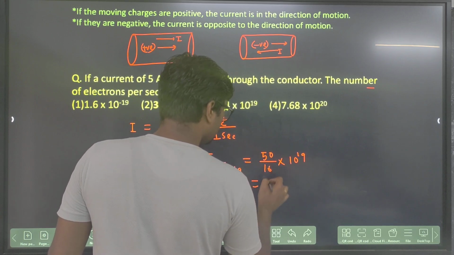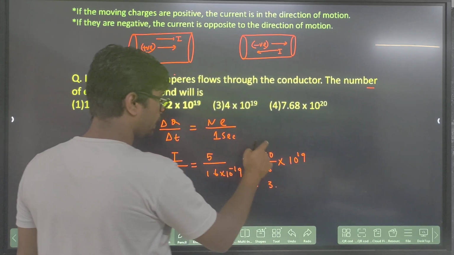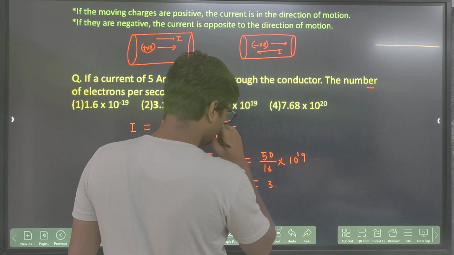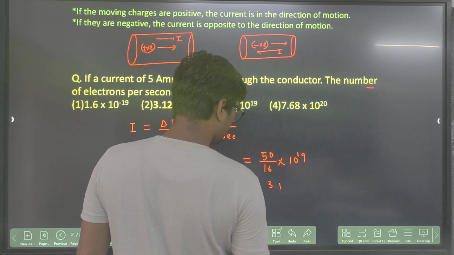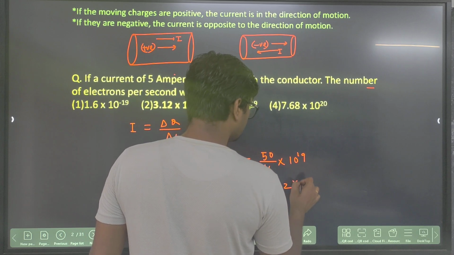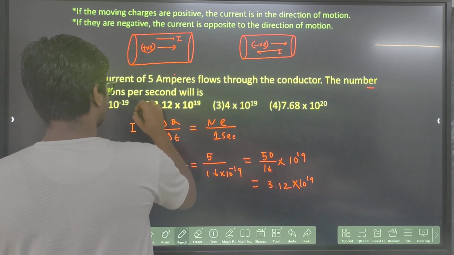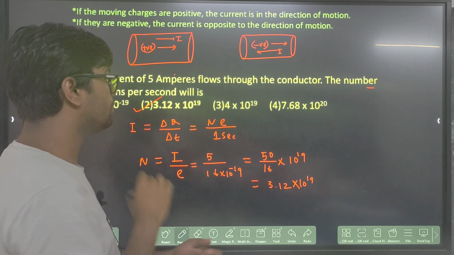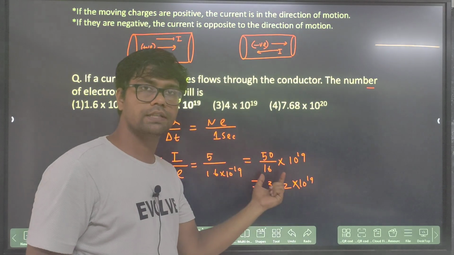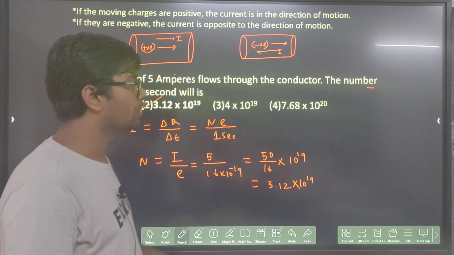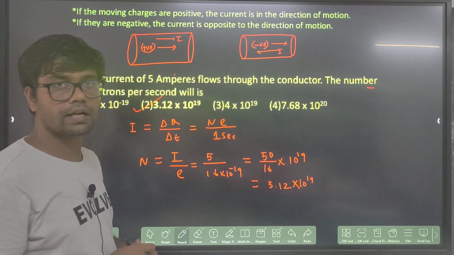So this will be 3.12 into 10 to the power 19. So the option number 2 will be correct. So this much number of electrons has to flow per second to give 5 ampere current. Clear?